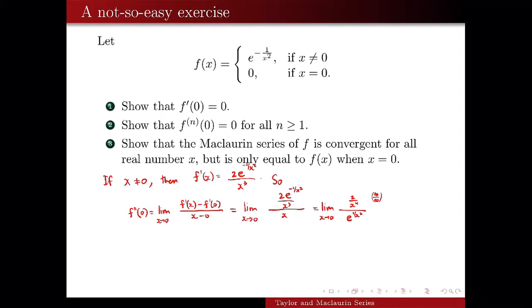So we apply L'Hopital's rule. For the numerator, what's the derivative? It's negative 8 over x to the power 5. The denominator, the derivative will be e raised to 1 over x squared times negative 2 over x cubed.